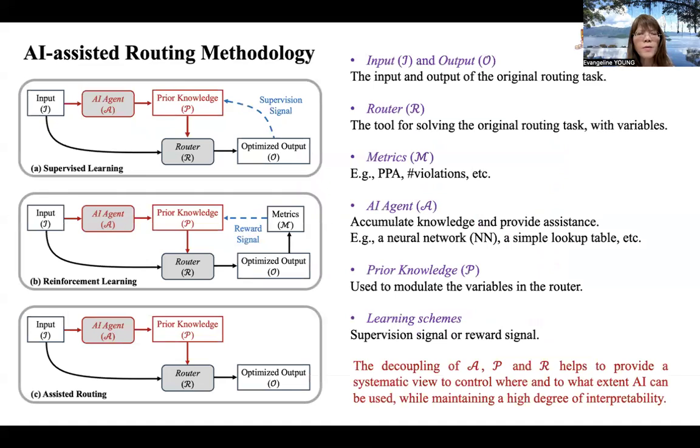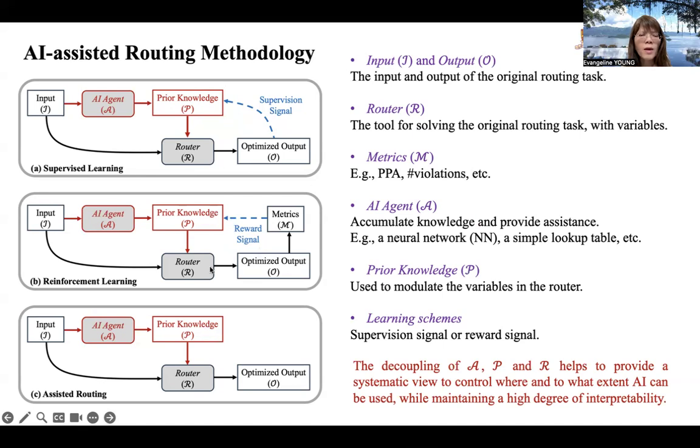So here are some of the schemes that we have used. Instead of using AI to generate the routing solution, we would like to have an AI agent learn to generate some prior knowledge that can be used by the router. And then we tried different schemes. Some of them will do supervised learning, and some of them will do reinforcement learning.